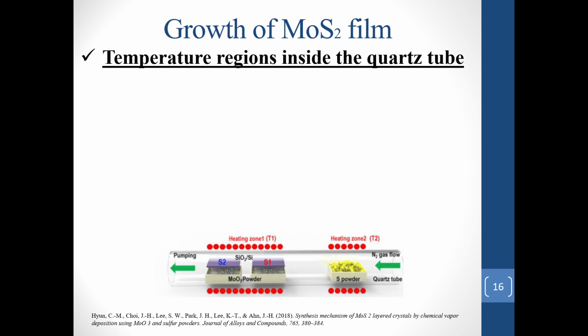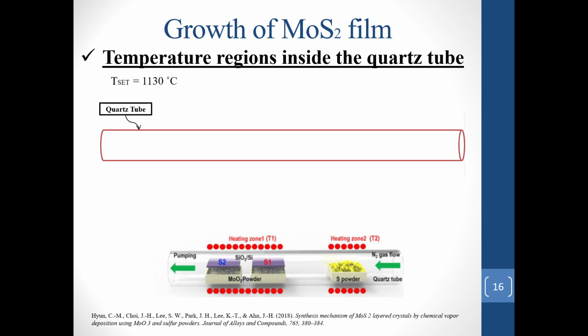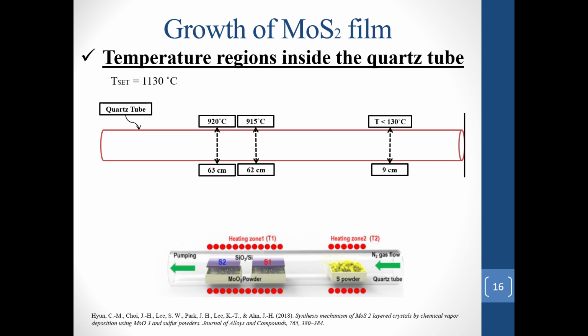Now move on towards the growth of the MoS2 film. This is the temperature region inside the quartz tube. This is our quartz tube, and inside is the tube furnace, which is 21.5 centimeters, with both ends outside, and we have a controller and a power on/off button. Now we first set the temperature at 1130 Celsius, and these are the distances we get.